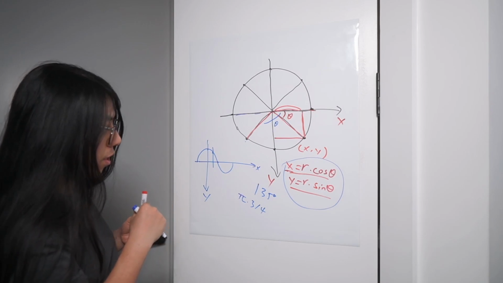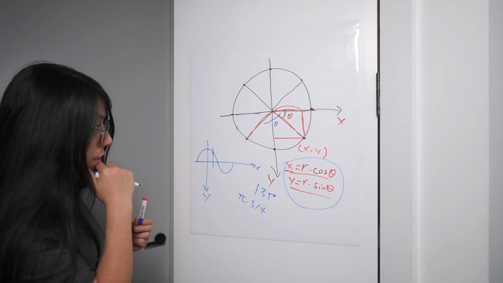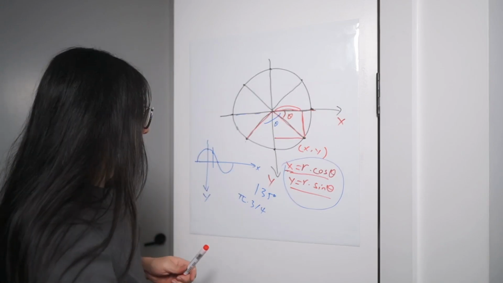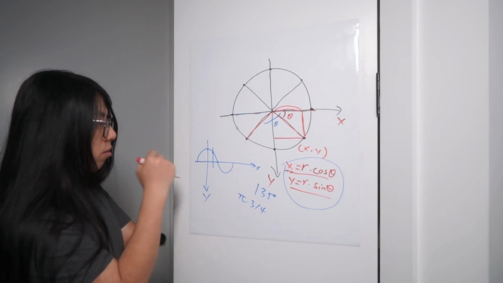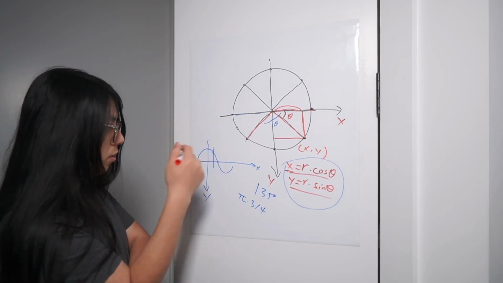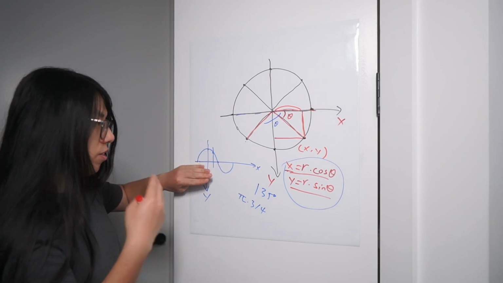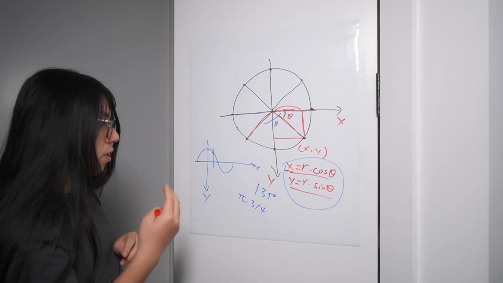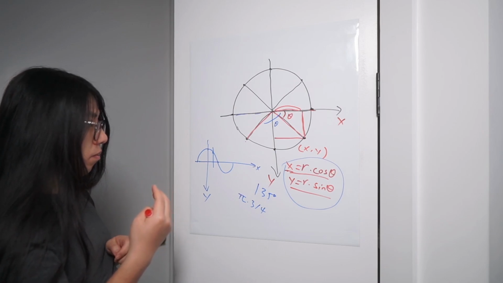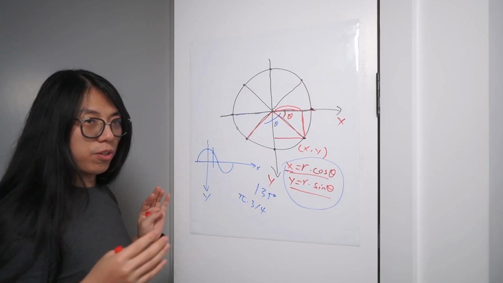And in the case of cosine, the graph is going to be different. Usually the sine wave that I used to draw, sine and cosine, is really based on the Cartesian coordinate system that we use.